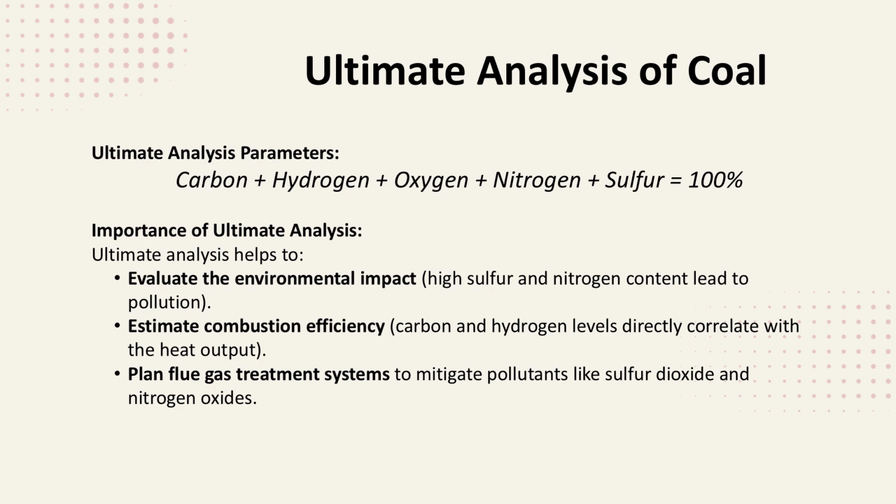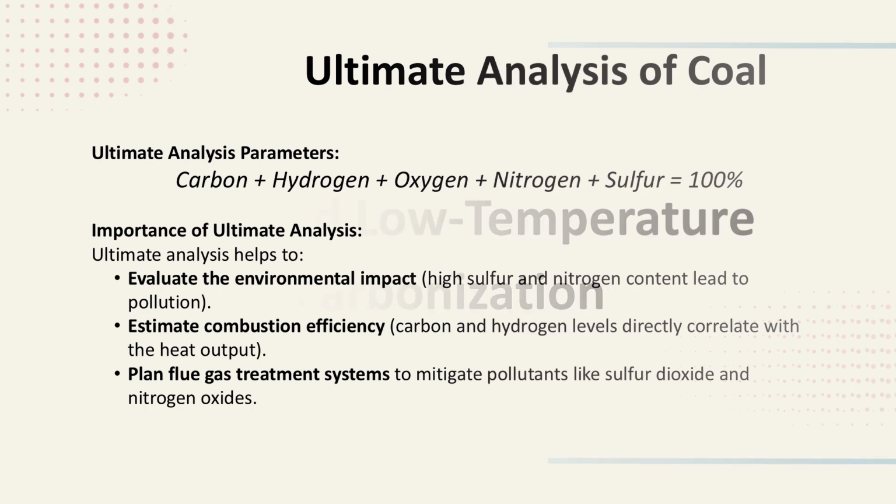Ultimate analysis helps to evaluate the environmental impact. High sulfur and nitrogen content lead to pollution. Estimate combustion efficiency. Carbon and hydrogen levels directly correlate with the heat output. Plan flue gas treatment systems to mitigate pollutants like sulfur dioxide and nitrogen oxides.